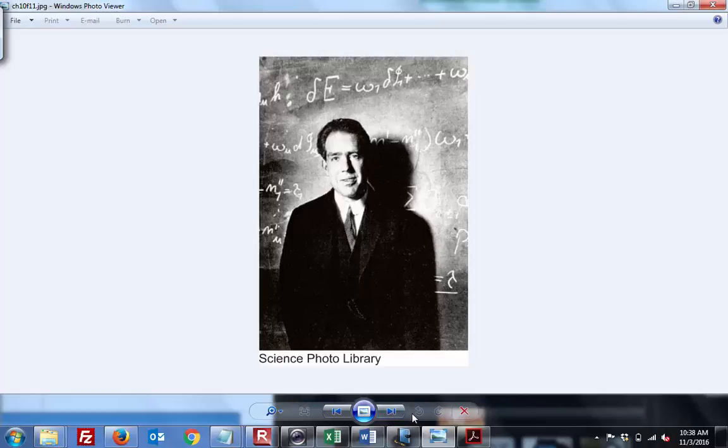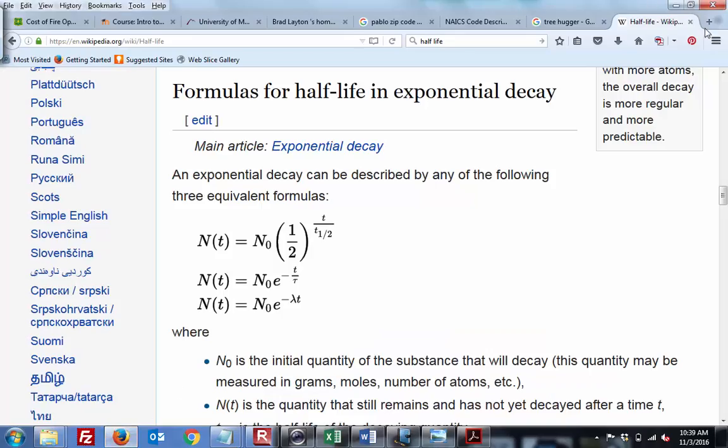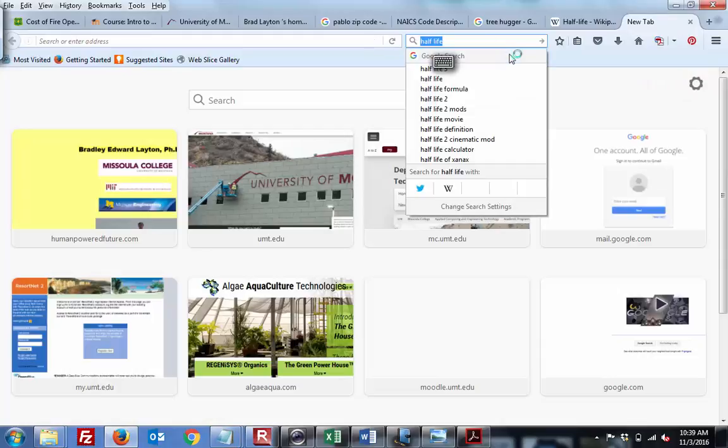Okay. Here's Niels Bohr, and he proposed one of the first models for what atoms actually look like. And if you go and look at the periodic table, let's look at the dynamic periodic table again.